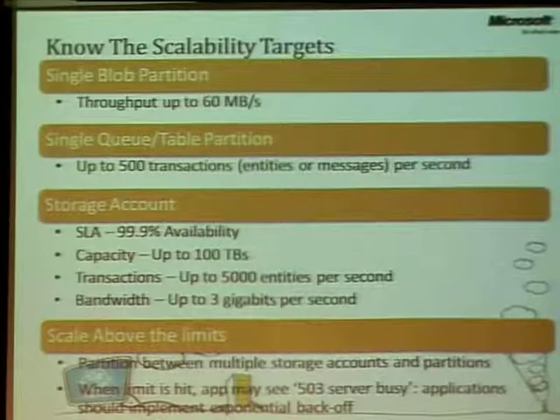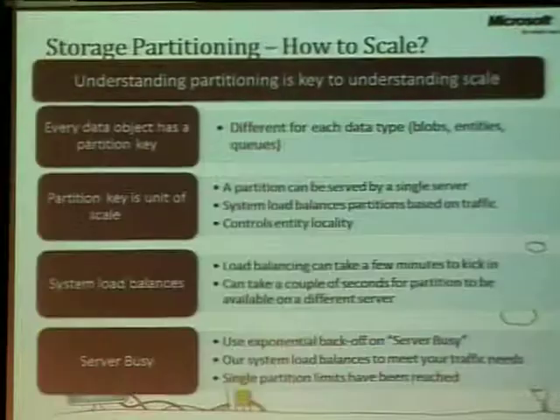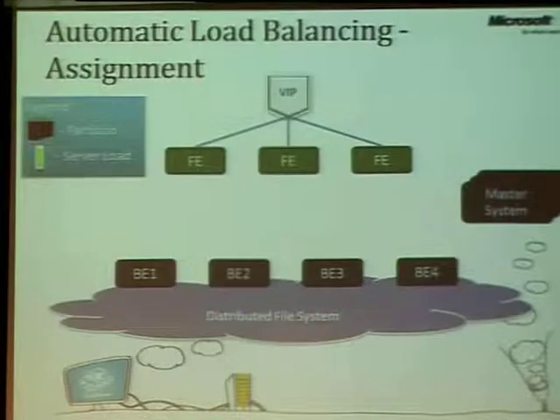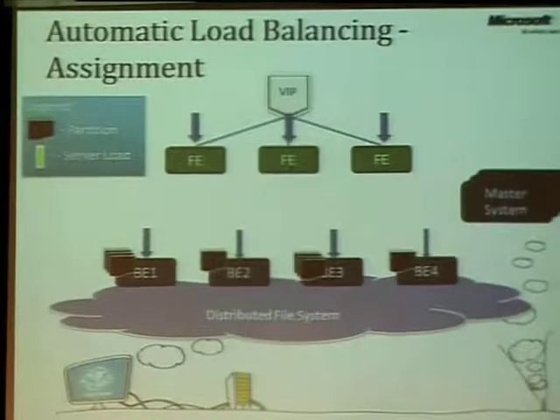Okay, scalability. These are the parameters that you need to consider in order to do scalability and the rest of the areas. If you look at how Azure performs the scalability, the front end receives the request, then it comes here, then the server starts processing the load, because the data is partitioned according to the partition key.